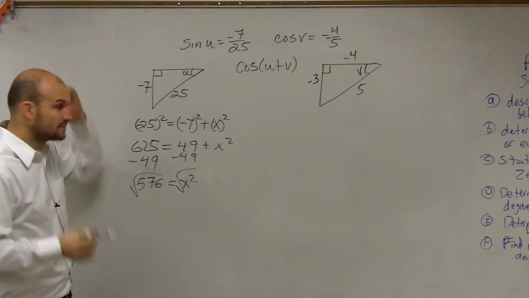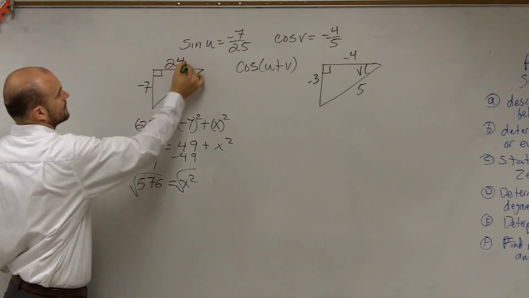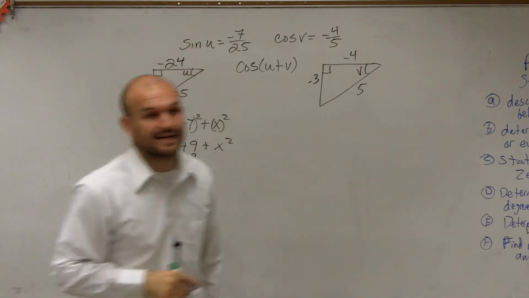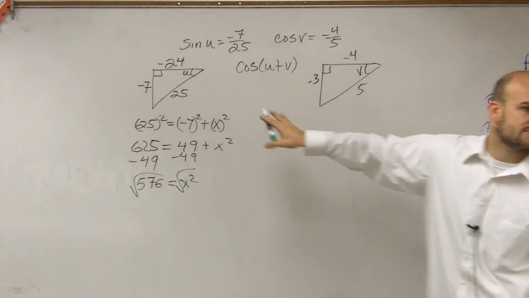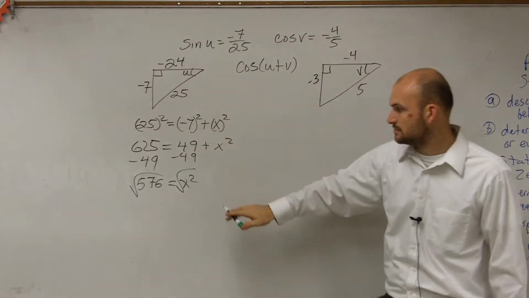That's what? 24? And we know that it's going to be negative because it's obviously in the second quadrant. All right? So does everybody follow me so far with what I did?